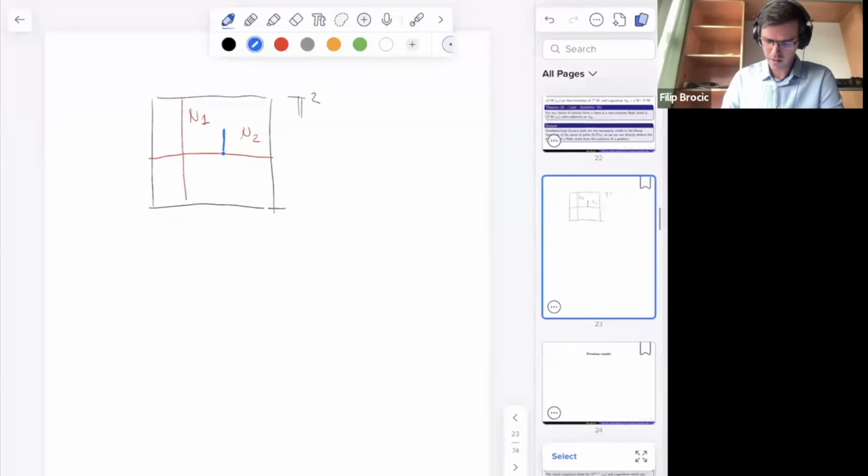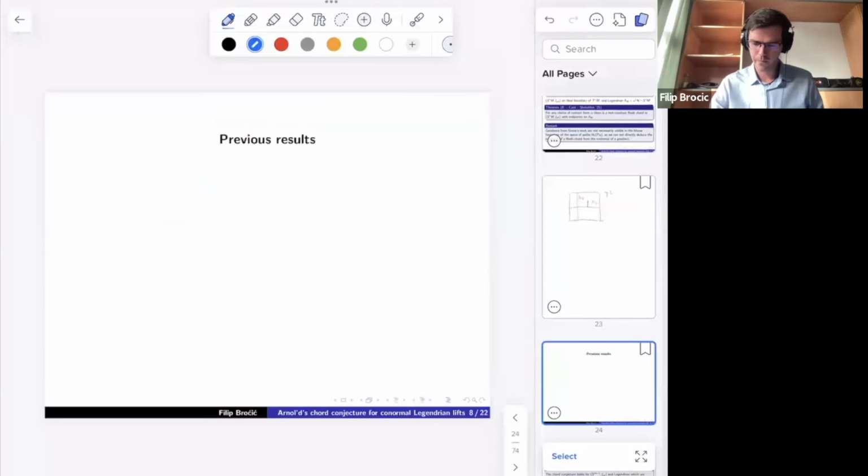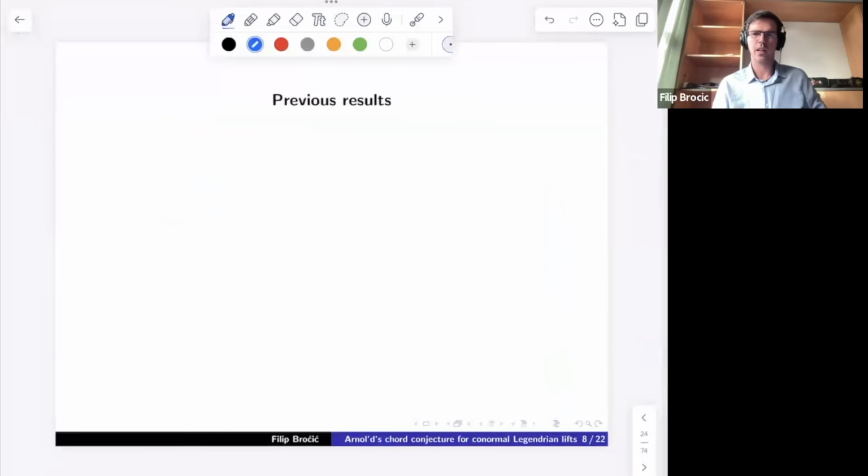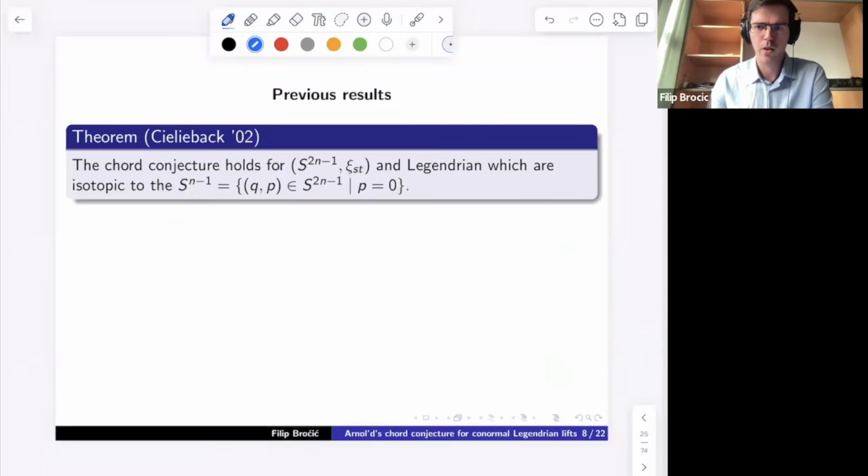Okay. Let me first talk a little bit about previous results, and then, time permitting, I'll go to some details of the proof of our result. So one of the first progresses in the direction of the original Arnold question is due to Cieliebak.